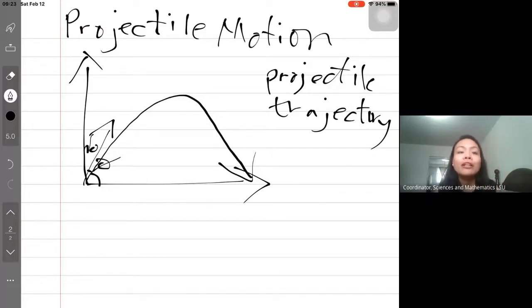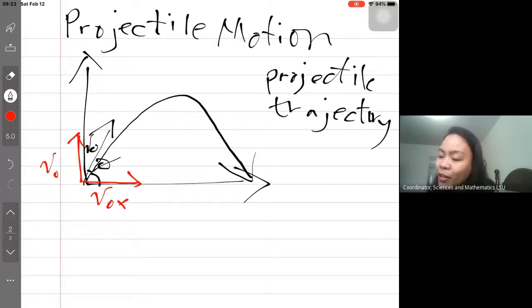We have our initial velocity along x, and we also have our initial velocity along y. We are just separating our initial velocity into its x and y components.